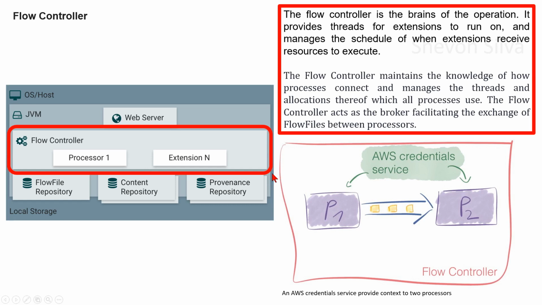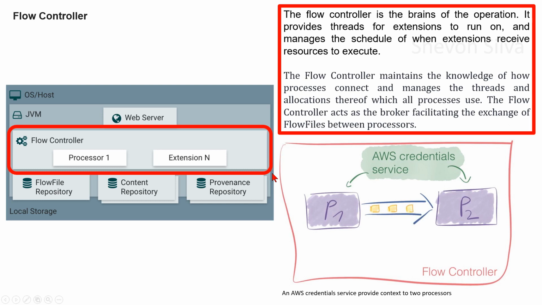Now we are focusing on the flow controller. The flow controller is the brains of the operation. It provides threads for extensions to run on and manages the schedule of when extensions receive resources to execute. The flow controller maintains the knowledge of how processors connect and manages the threads and allocation thereof which all processors use.